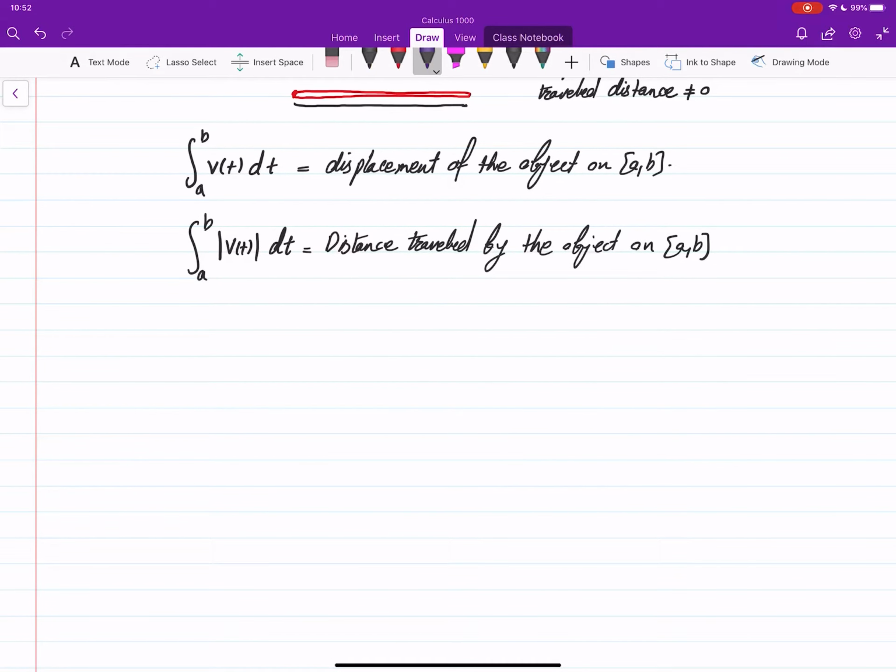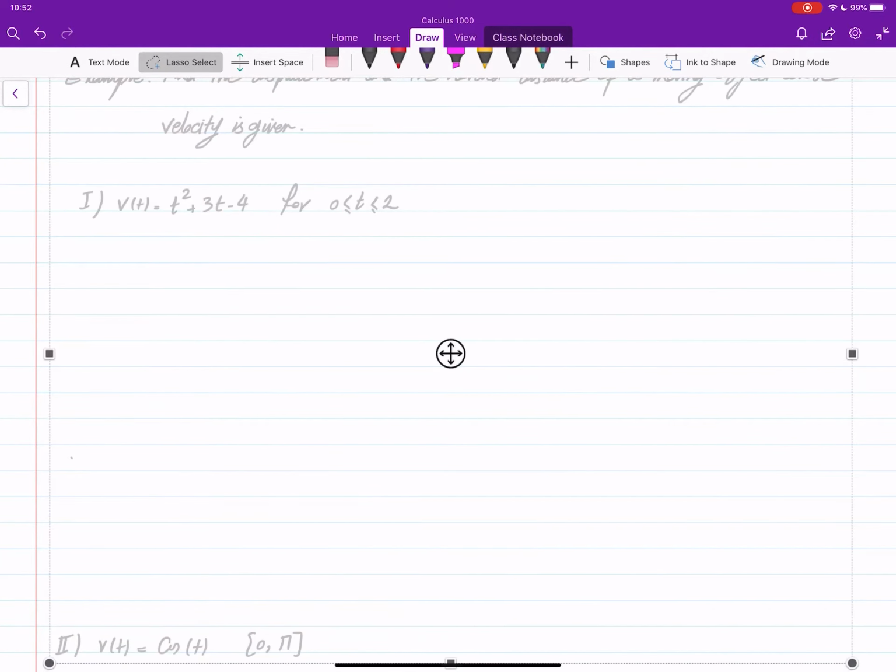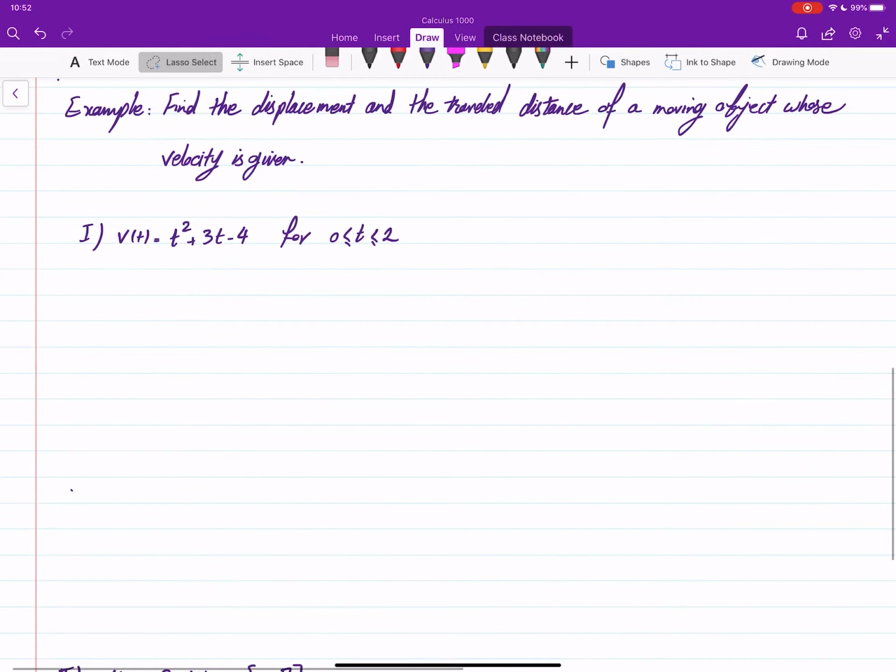Let's see this in some examples. I believe I have two examples here. Yes. Find displacement and travel distance of a moving object whose velocity is given. So velocity of the object is here.